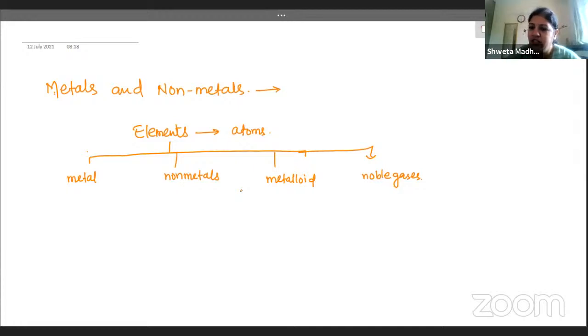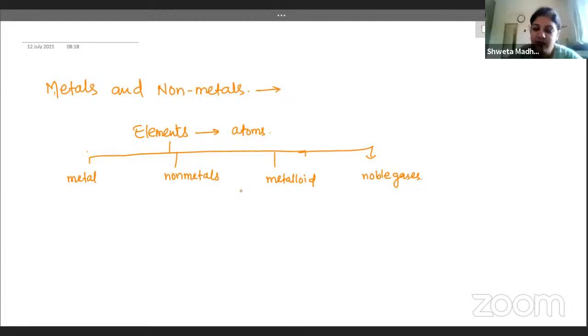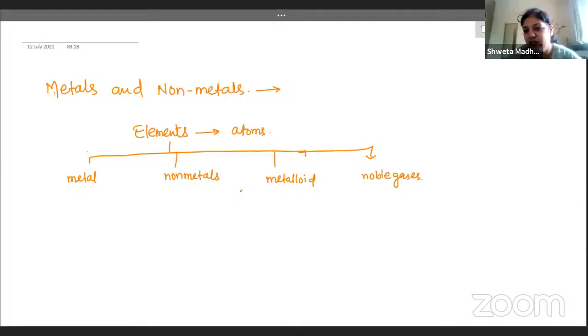What are metalloids then? They have properties intermediate between metals and non-metals. Of the properties that metals and non-metals possess, metals are very good at them and non-metals are not.